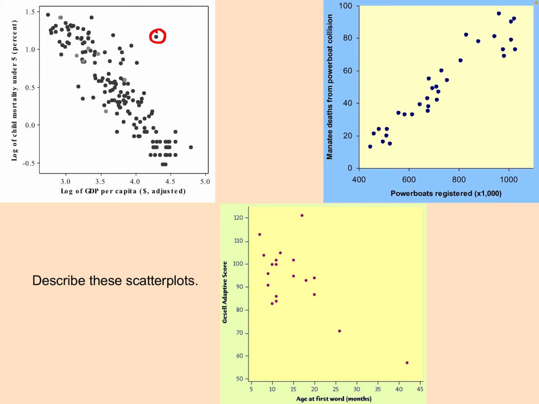We've looked at the age at first word versus Gesell adaptive score already. Again, this is what we call maybe a mild negative linear relationship between these two. The relationship is not so obvious here. We do have this data point. We do have these apparent gaps in our data here. But overall, there seems to be a relationship between age at first word and a measure of intelligence. It wouldn't be an unexpected relationship either.